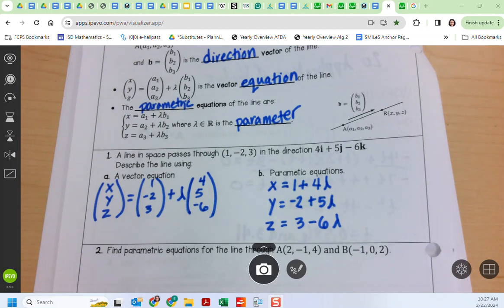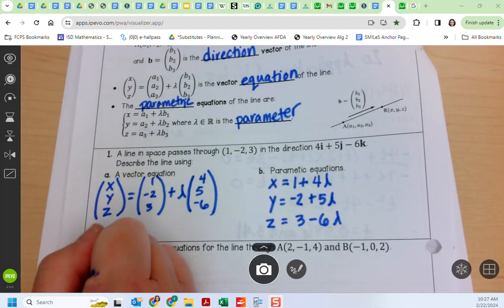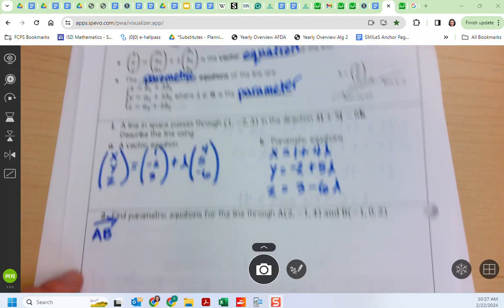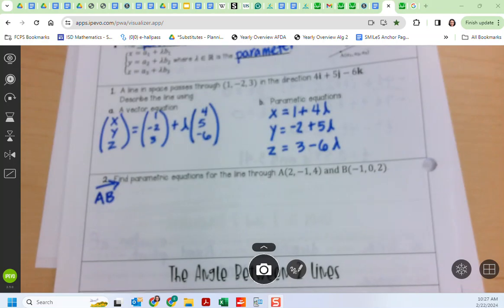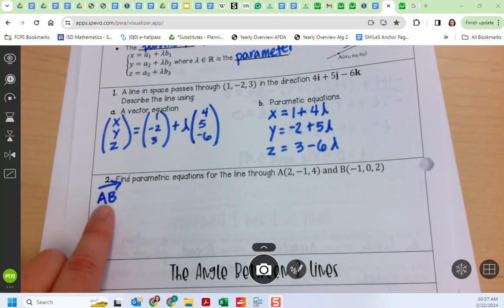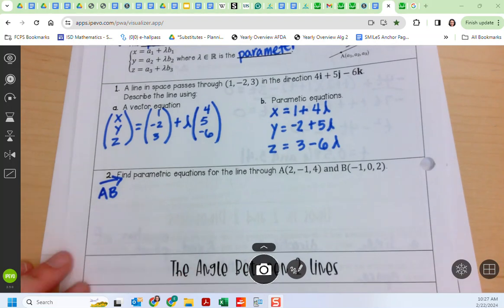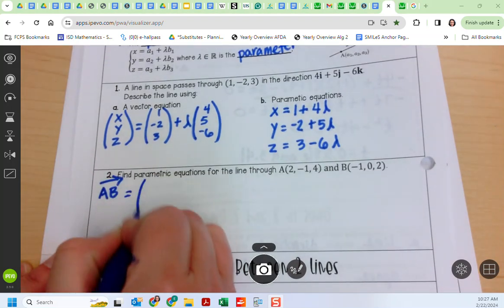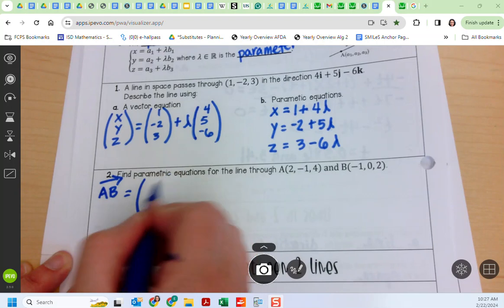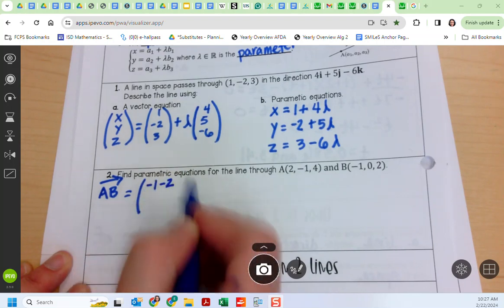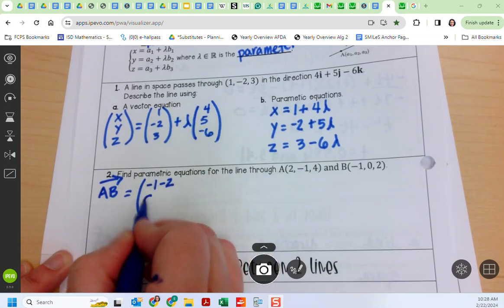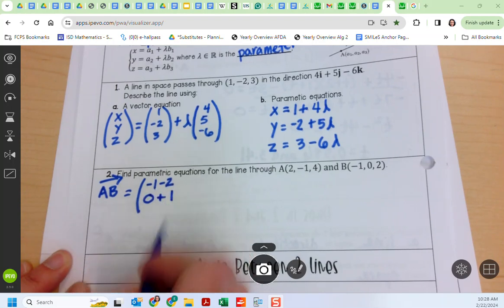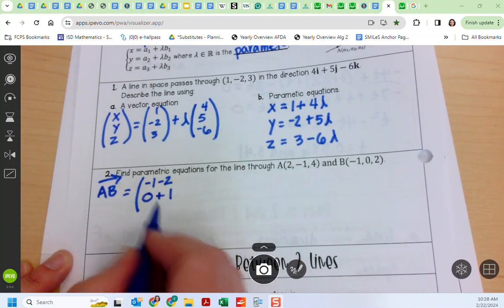All right, 2 says find parametric equations for the lines through these 2 points. So what we need to do is find the vector through those points. So we're going to find vector AB. To find vector AB, we're going to do B minus A: negative 1 minus 2, 0 minus negative 1, which is plus 1, and 2 minus 4.